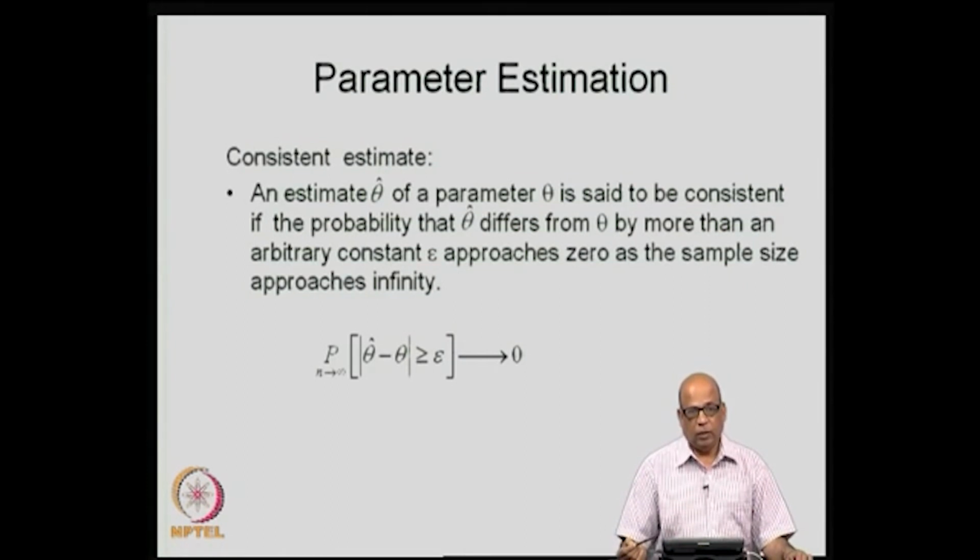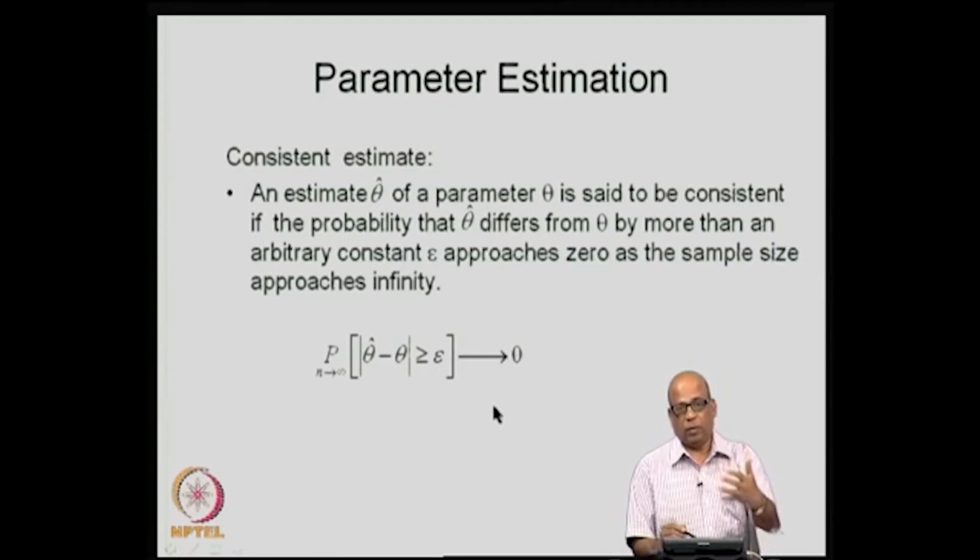What we mean by this is that let us say we estimated a parameter theta cap with 50 values, and this probability has some certain value. As you increase the sample size, this probability becomes lower, increase the sample size again, the probability becomes much lower and so on.